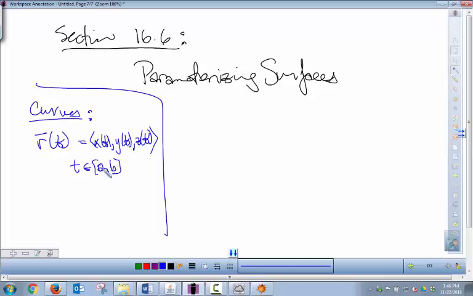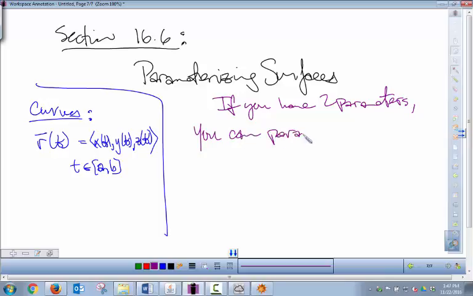Okay? Now, I hinted at the fact that if you have more than one parameter, if you have 2 parameters, then you can actually parameterize a surface. So let's think about a surface parameterization.